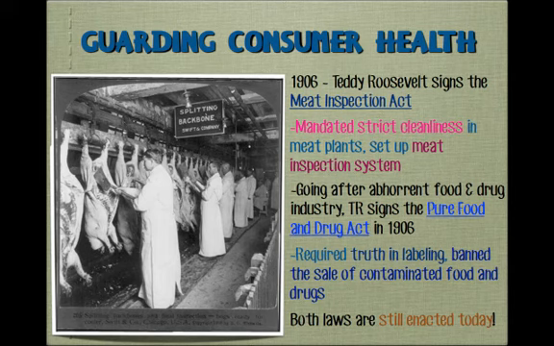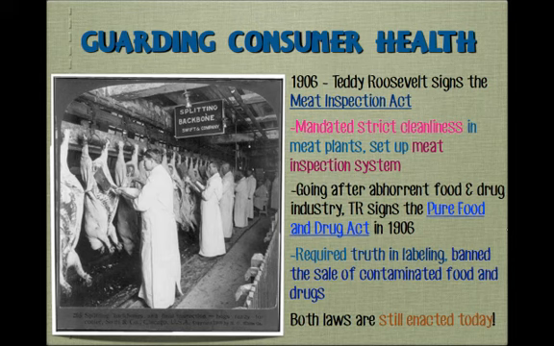There's a whole process of them having to wear gloves and inspect the meat to make sure it is safe for people to eat, or else they could get sick. Beginning with the Meat Inspection Act, they began to go after the food and drug industry that were not following these practices. Teddy Roosevelt signs the Pure Food and Drug Act in 1906.